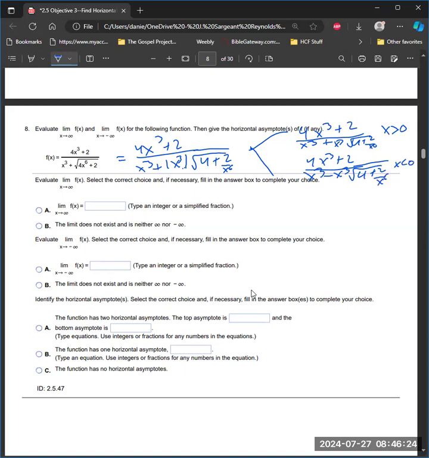So when I divide everything by x to the third here, in the top, I would get a limit of 4 plus 0 over 1 plus root 4 plus 0. And 4 over 1 plus 2 is 4/3.